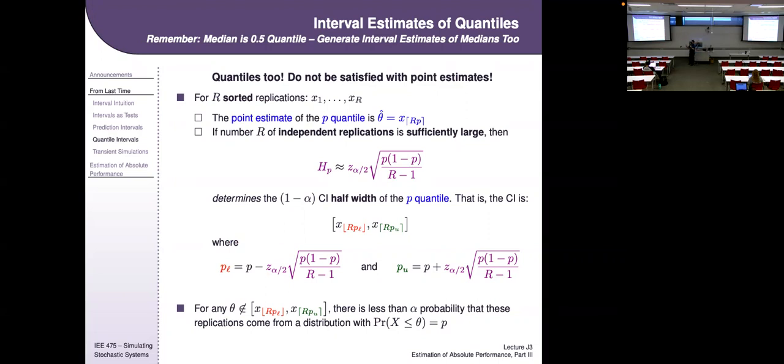Then I want to say, well, what's my lower end? At what position do I need to start my confidence interval? And that's what the half width gives you. It says, if your point estimate is at the 85th percentile position in your sorted data, then calculate this confidence interval, and that will give you a number less than 1, that I can subtract from my 0.85 here, and that'll give me a number like 0.7 or something like that.